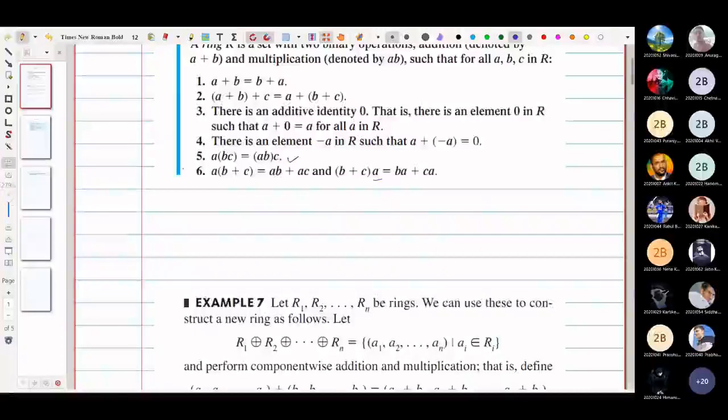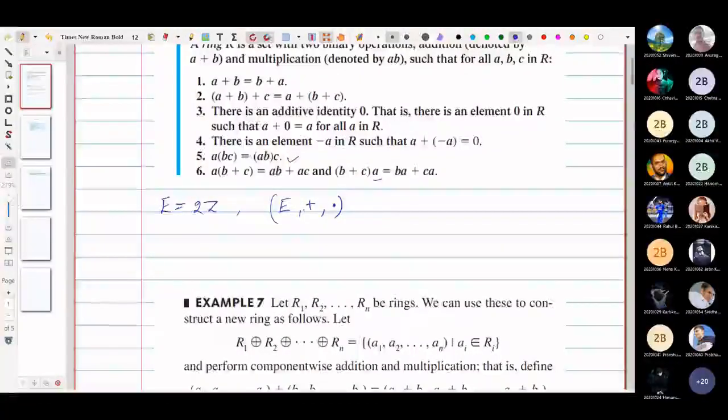So we have seen several examples. Suppose we take E, the set of even integers, and we consider E as a group under addition, and let us take multiplication also.